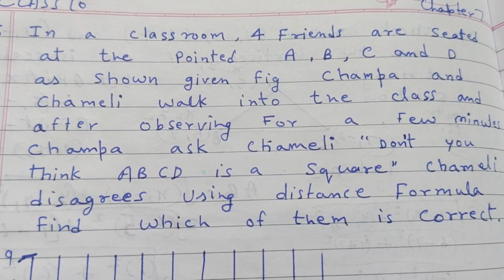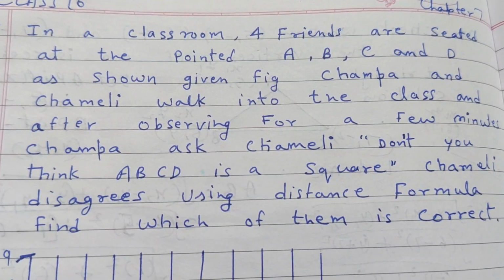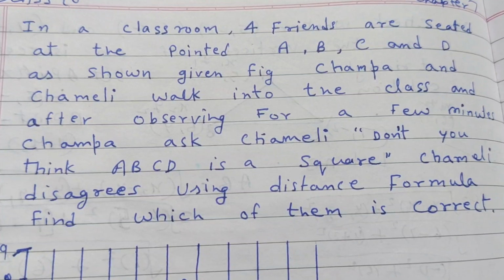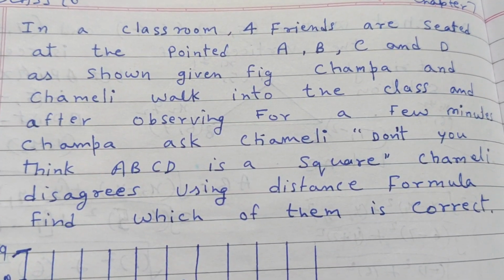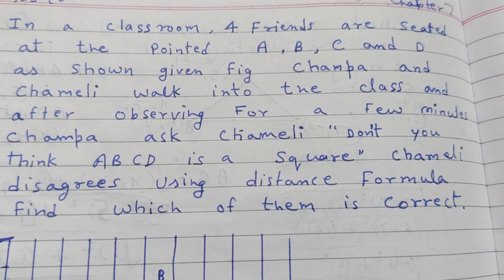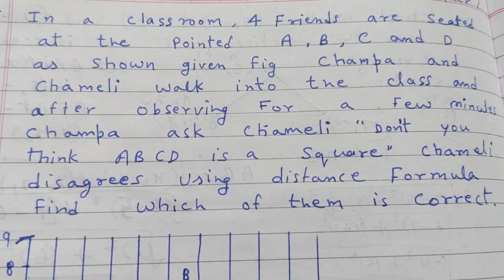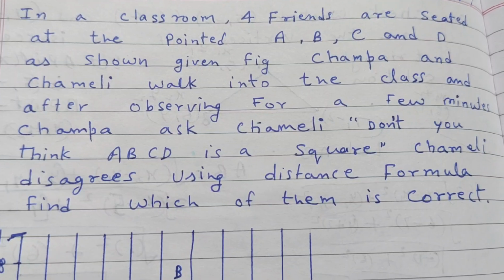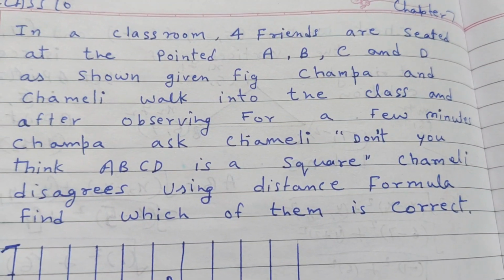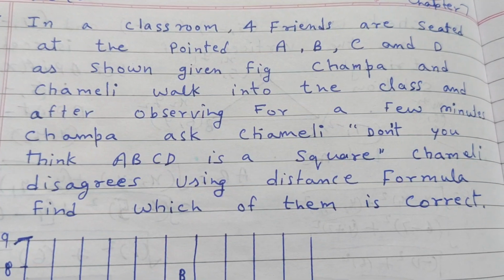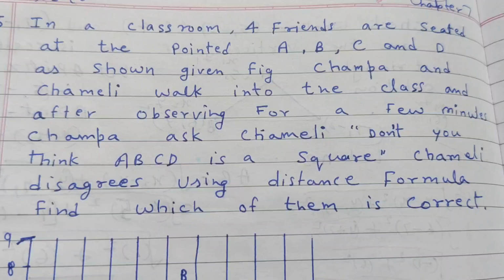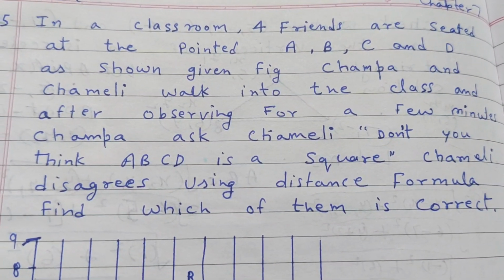Champa and Chameli walk into the class and after observing for a few minutes, Champa asks Chameli, "Don't you think ABCD is a square?" Chameli disagrees. Using the distance formula, find which of them is correct.